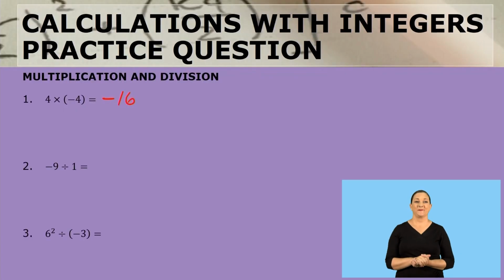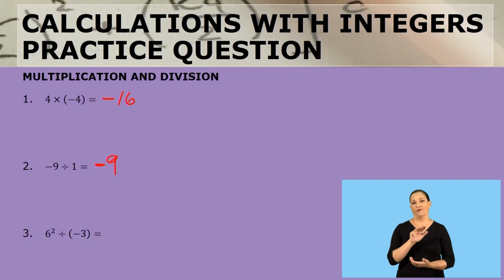So because I am dividing a negative number with a positive number, our answer is going to be a negative. And 9 divided by 1, remember the properties of 1, any number divided by 1 will be that number. So that means that our answer is a negative 9. So negative 9 divided by a positive 1 is a negative 9.